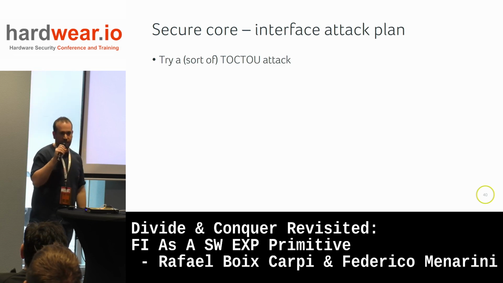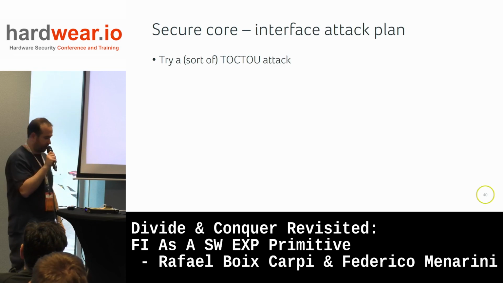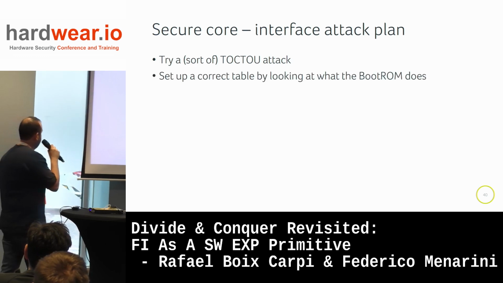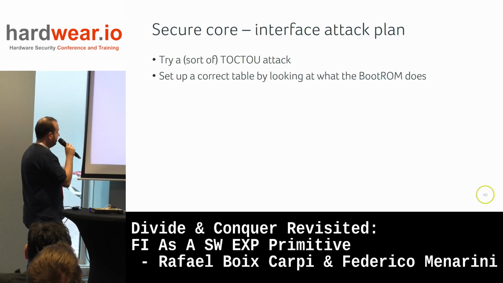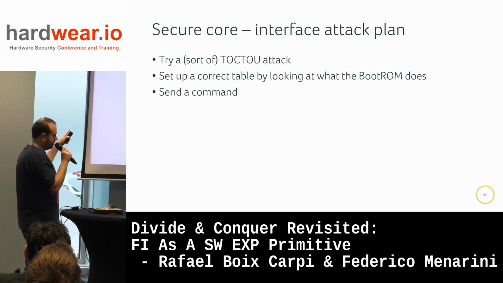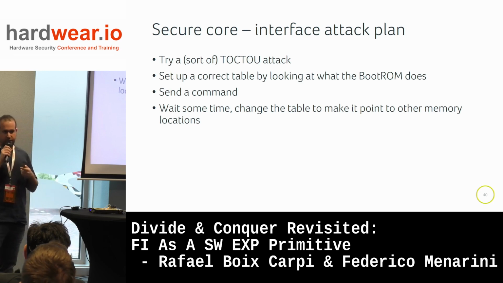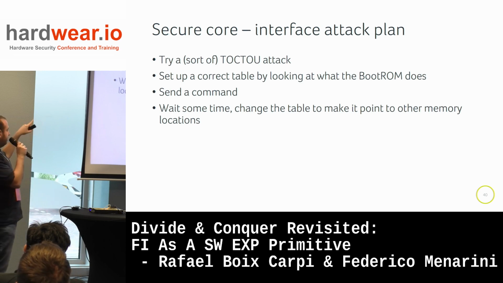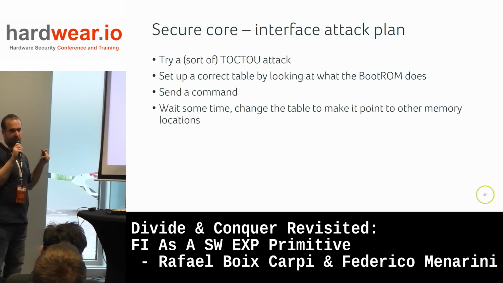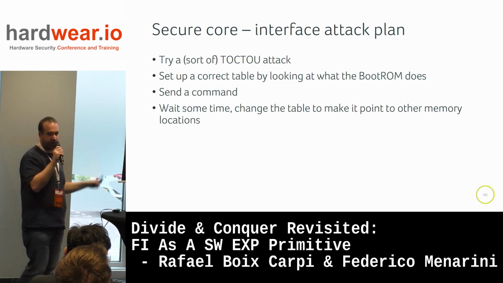So we started thinking, let's try to do a sort of time-of-check, time-of-use attack. We set up a correct table, we already have it there. We send a command, put it in the buffer as shown, and then we wait some time for the secure core to read this command, and then we change the tables to point the response buffer somewhere else.